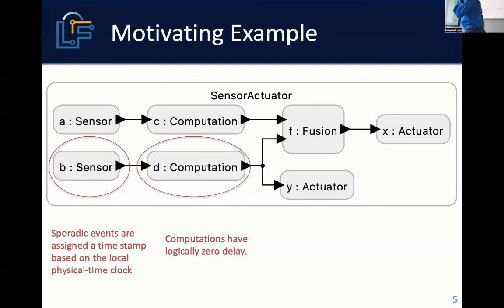In Lingua Franca, the computations have logically zero delay, so the outputs have the same timestamp as the input, which helps with data fusion because it means that if you get two inputs from your two different sensor sources, you know something about their alignment.